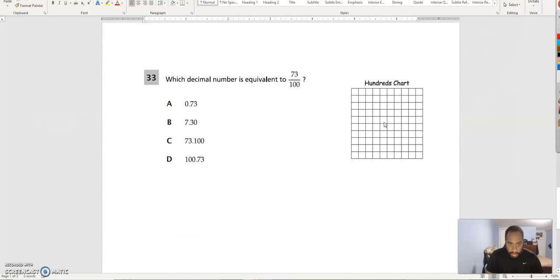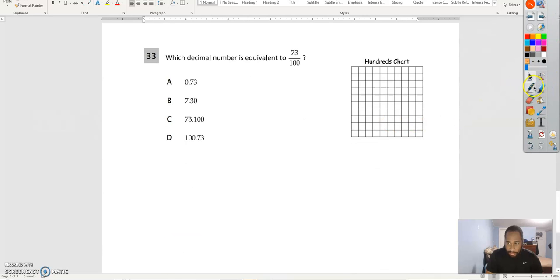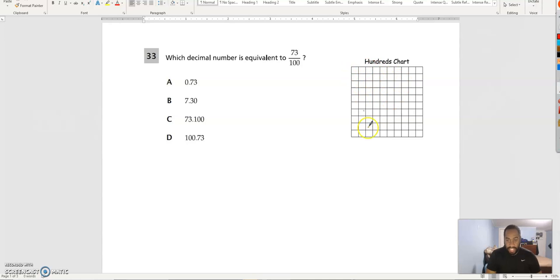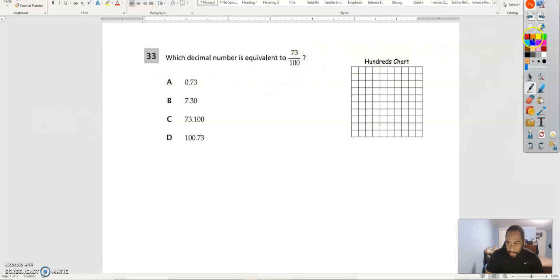Okay, let's go and do this one. Now, I added the hundreds charts here so you can see how 72.3 over 100 looks. So let's do cubes. Do a different color, green.